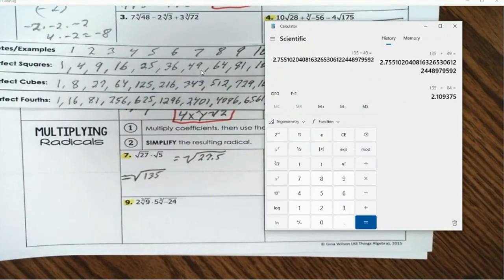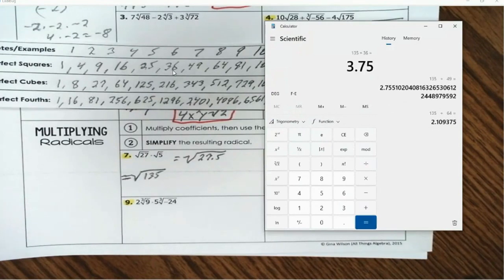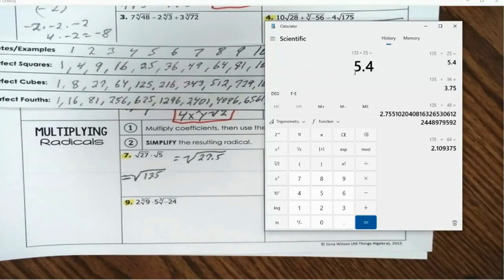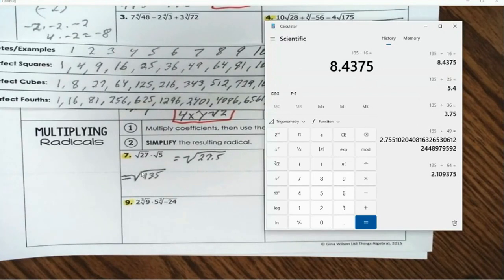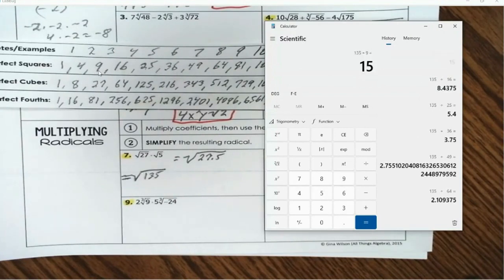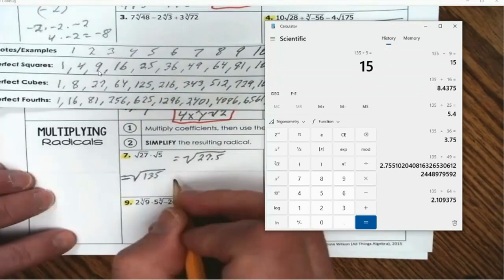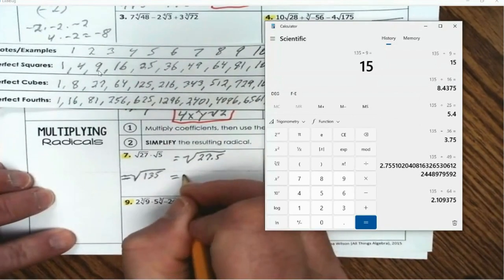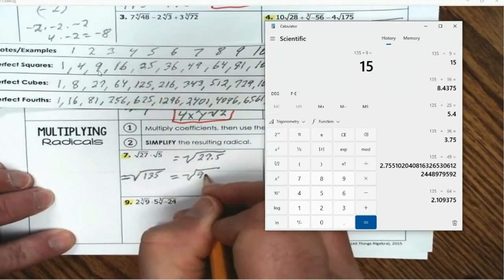That's not a whole number. Let's try 36. That doesn't work. How about 25? That doesn't work. None of these divide in evenly. Let's keep going. 16. That does not divide equally. When you're running out of numbers, 135 divided by 9 is 15. So this is the same thing as the square root of 9 times 15.